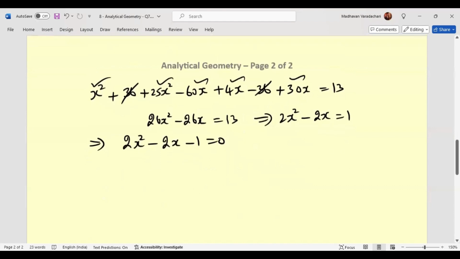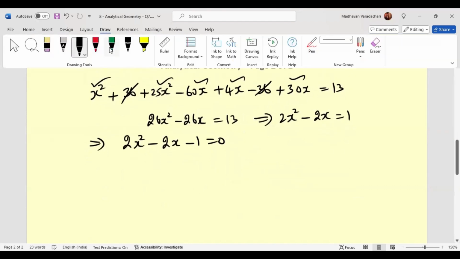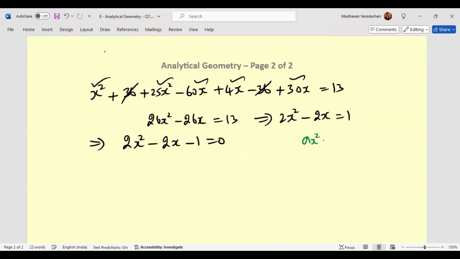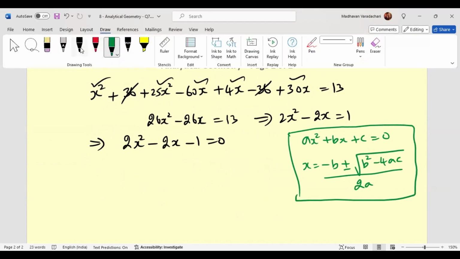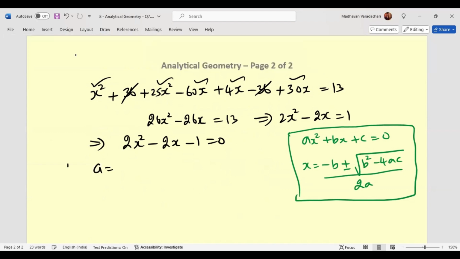This is a quadratic equation. So general quadratic equation is ax square plus bx plus c equal to 0. If it is so, then we have x is equal to minus b plus or minus square root of b square minus 4ac by 2a. So we will apply that in this. So here we may note a is 2, b is negative 2, c is negative 1.